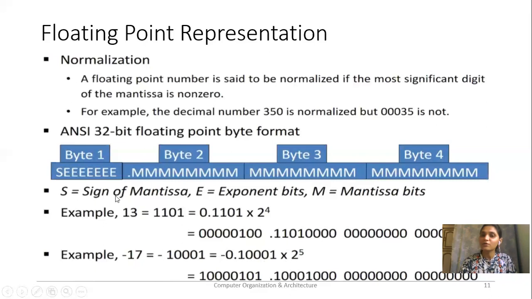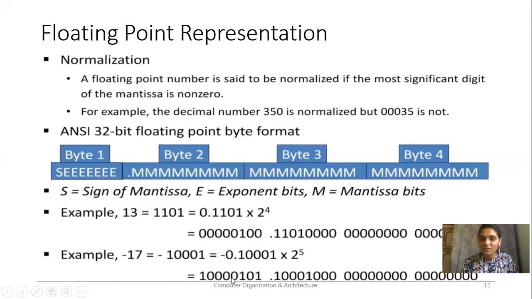Okay, so how will you represent this? Our mantissa is over here, so we will represent it directly as 10001, and for the rest of the bits we don't have anything, so we will put 0. And for the exponent, we have to see the first byte. In the first byte, the first bit shows the sign bit, which is 1, because your number is negative.